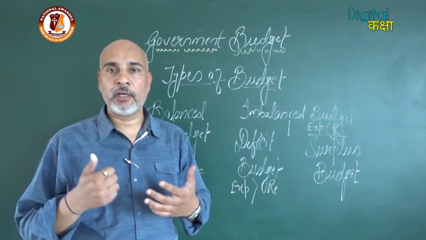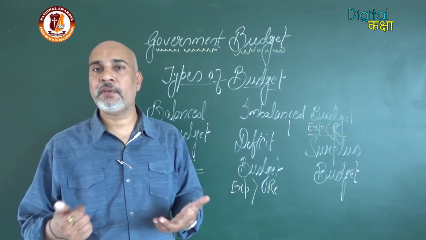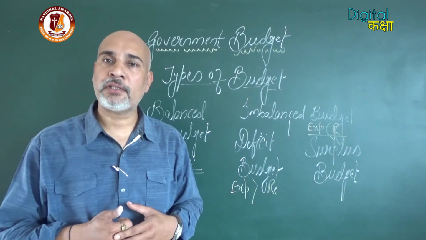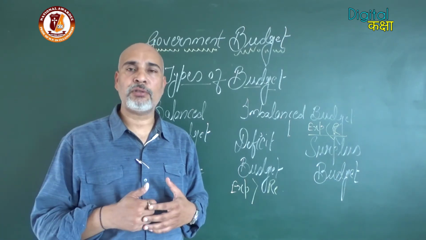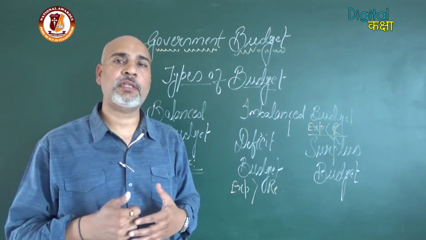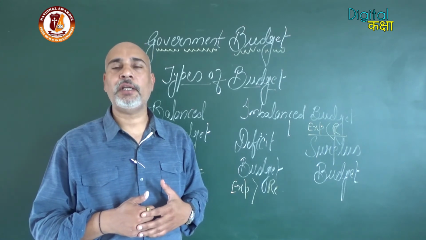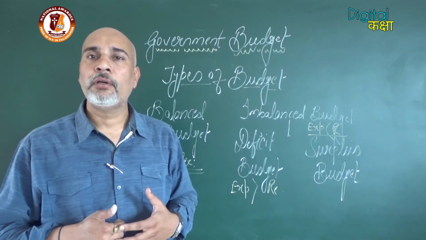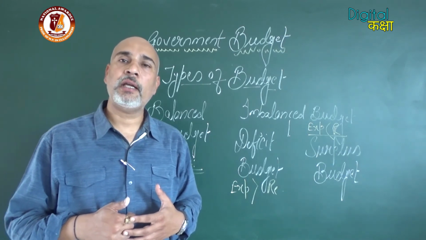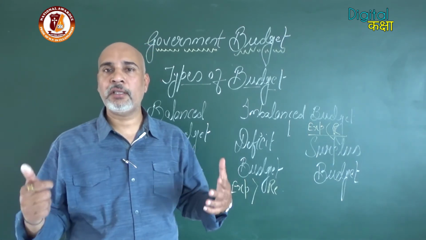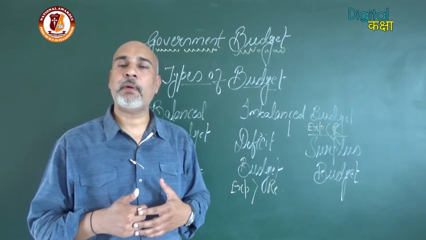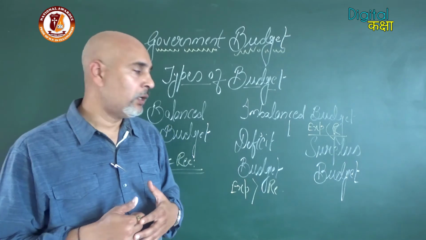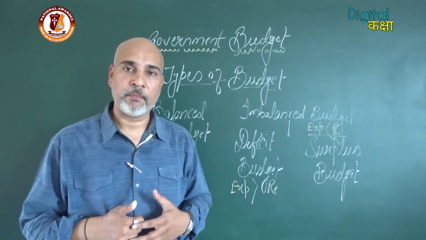In the context of our country, it is very essential, because you will find we do not have very good infrastructure. The health sector, education, and the rest of the things are also not in good condition. So there is a need for lots of infrastructure and other expenditure for the betterment of our country, and that is possible through deficit budgeting.